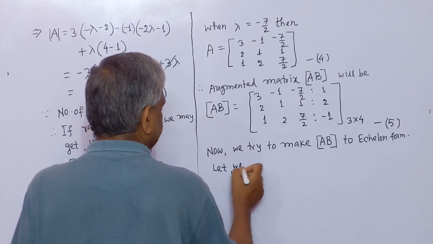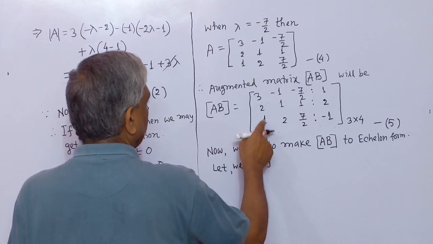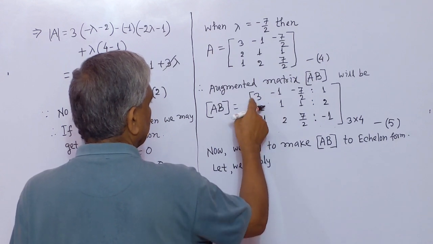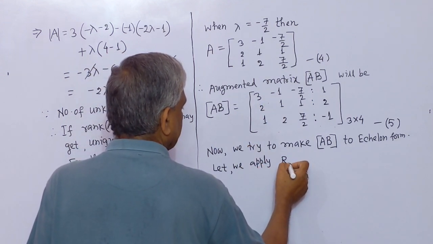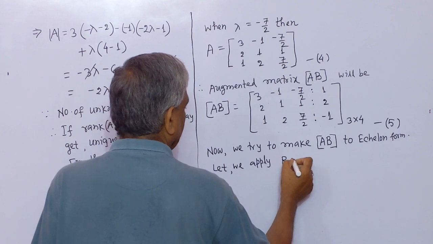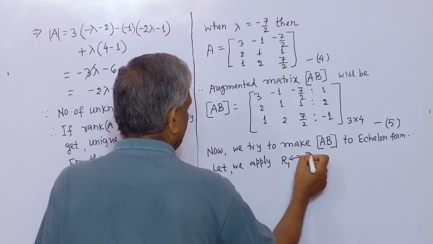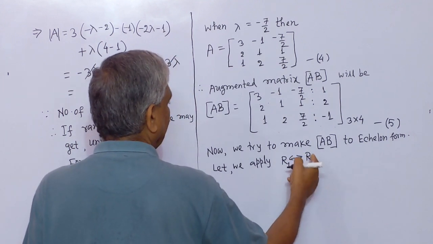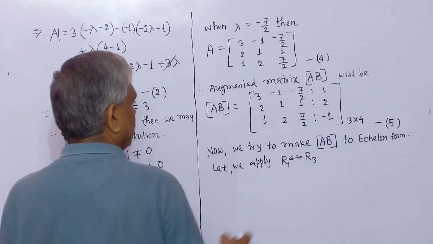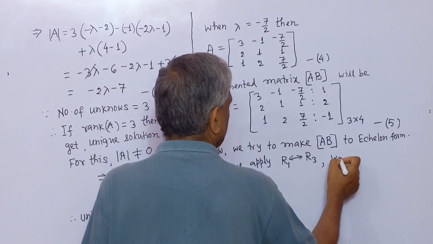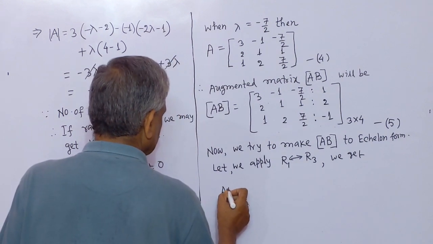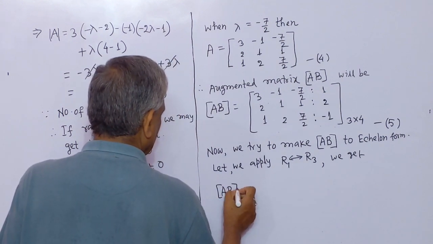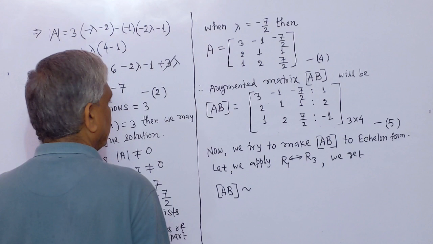Now we try to put 1 here. So we mutually exchange R1 and R3, row 1 and row 3. We get an equivalent matrix.